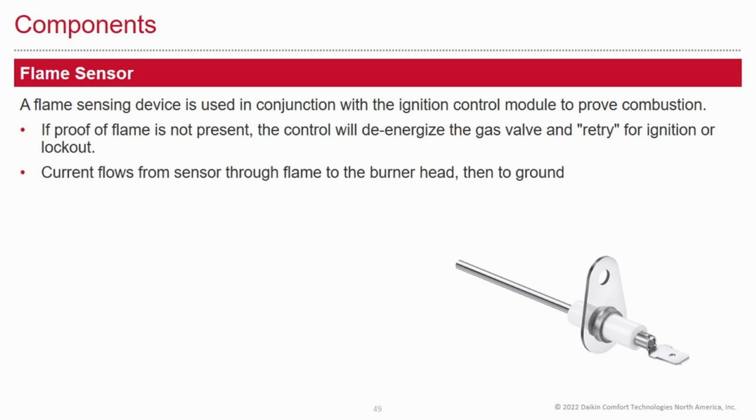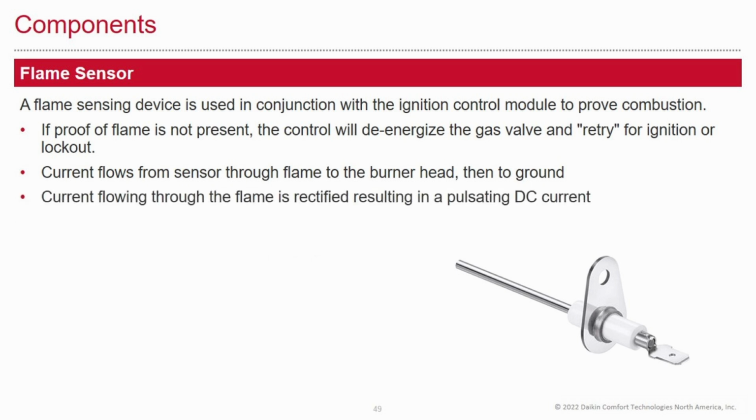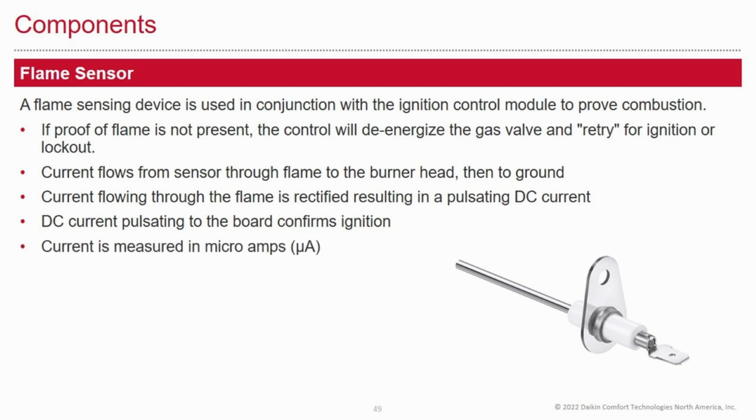Current flows from the sensor through the flame to the burner head, then to ground. Current flowing through the flame is rectified, resulting in a pulsating DC current. DC current pulsating to the board confirms ignition. The current is measured in microamps.